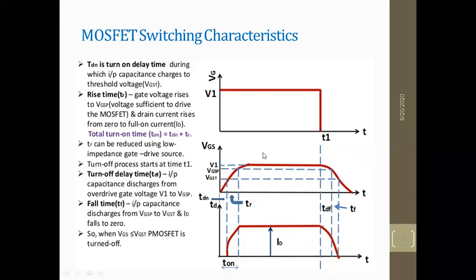Here, the gate structure has parasitic capacitance to the source.